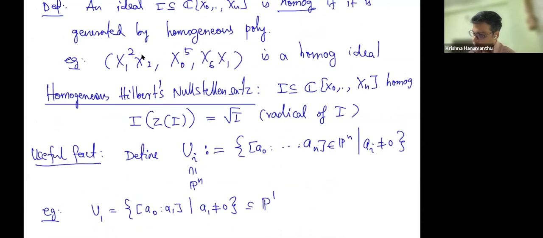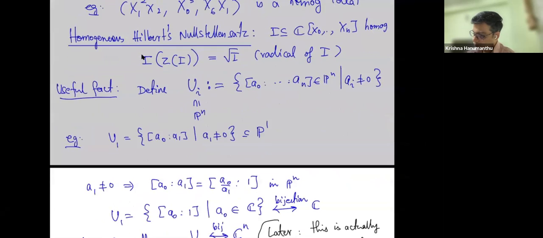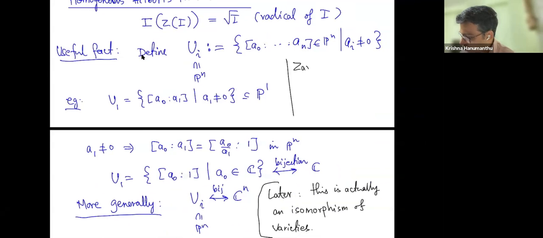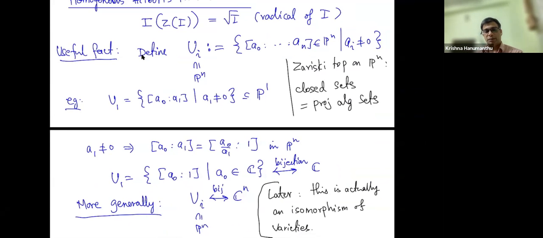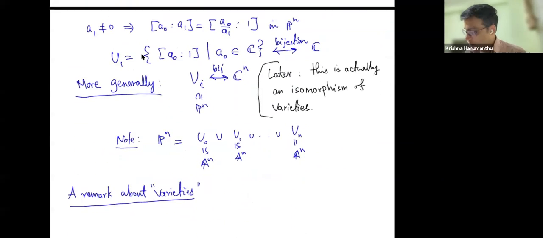What is the Zariski topology on P^n? Just to record it here, the Zariski topology on P^n is determined by closed sets being projective algebraic sets. Just like in the previous case, you can see that projective algebraic sets satisfy the axioms that one wants for closed sets in a topology. So they form a Zariski topology.